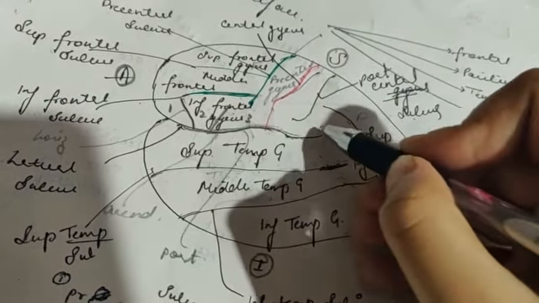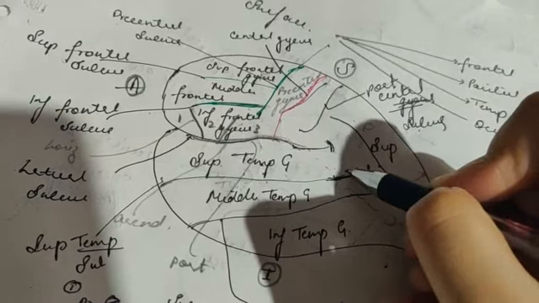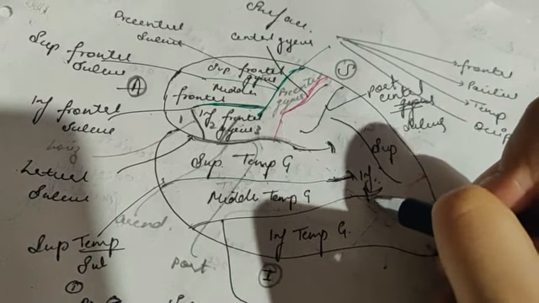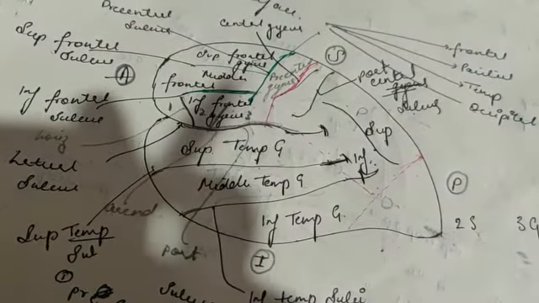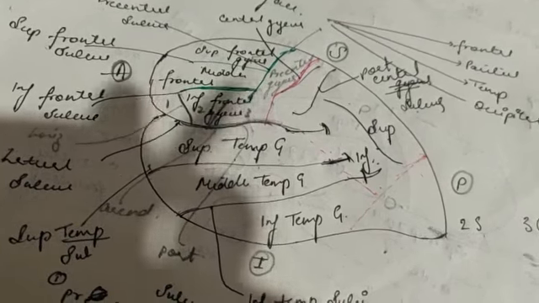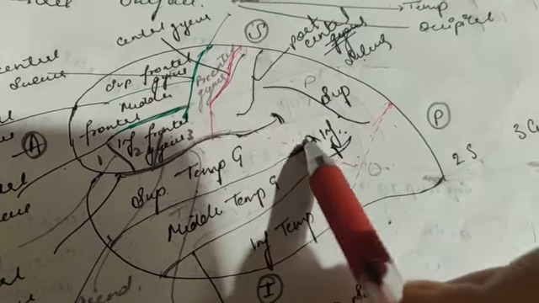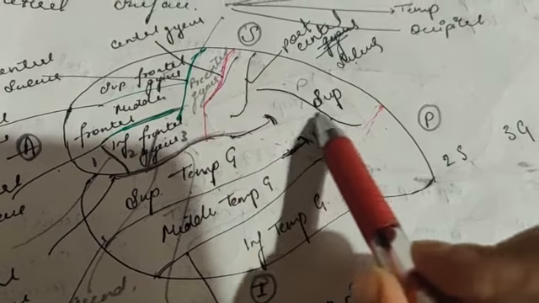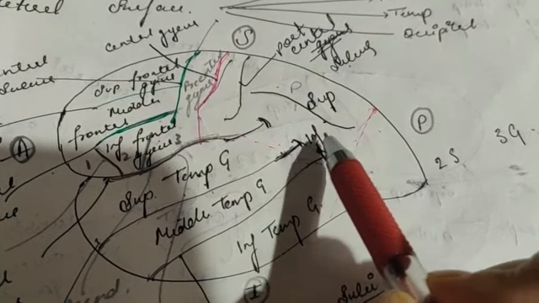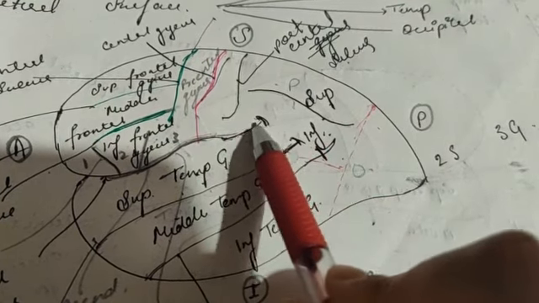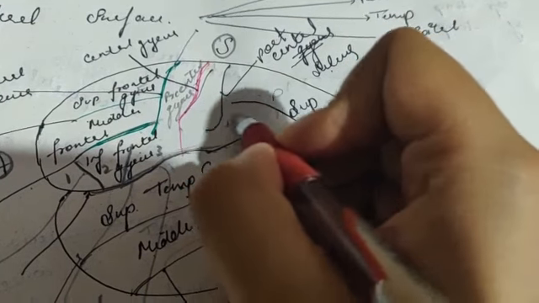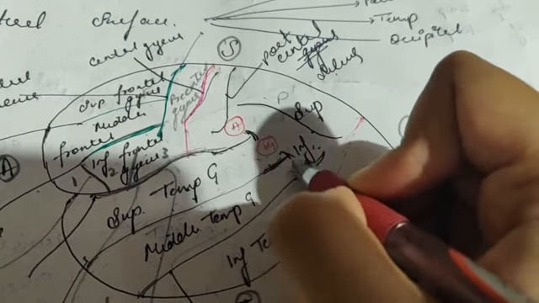Now the inferior parietal has three gyri. What are the names of these three gyri? These are the three important gyri in the inferior parietal part. This is the most anterior, this is the middle, and this is the posterior.